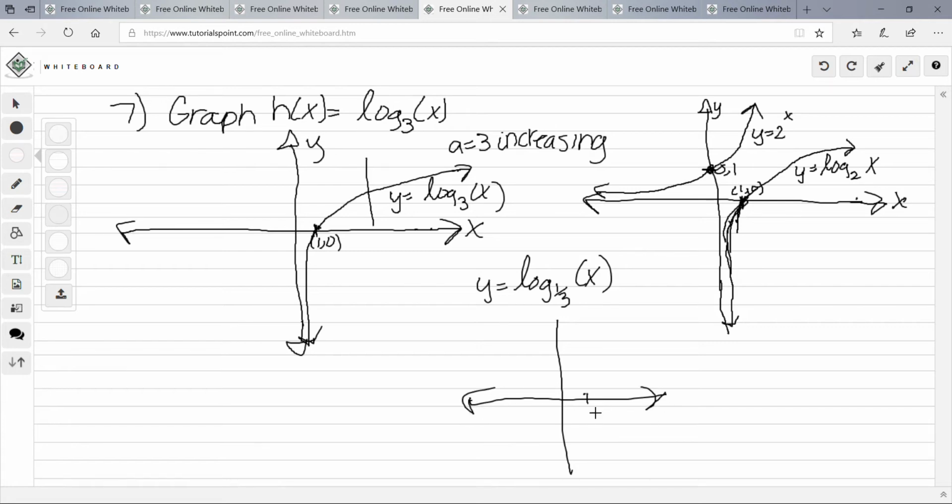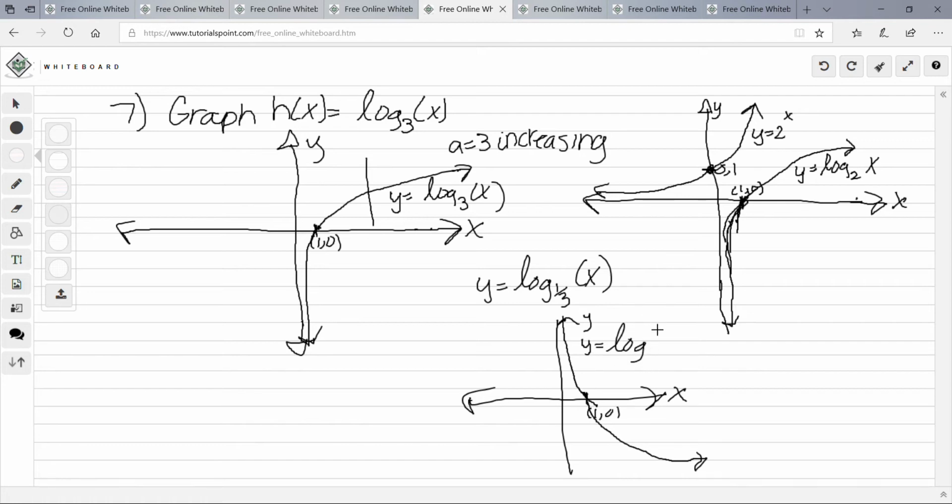It still has an x-intercept of (1, 0), right? And then what happens is it's like a weird reflection. So it's going to look something like this. So this is your typical y equals log.